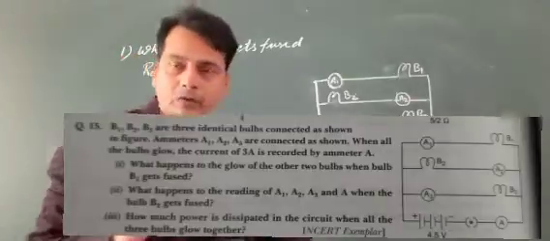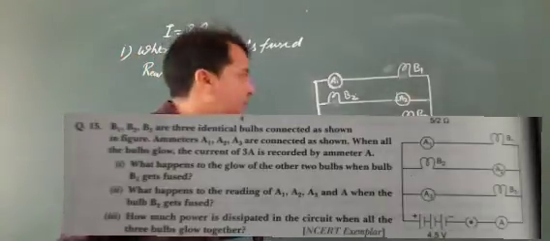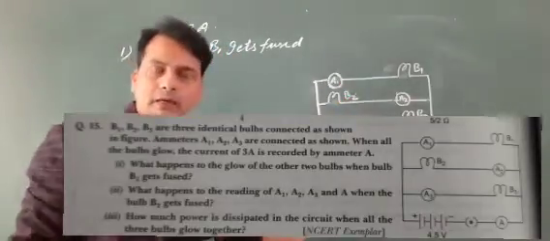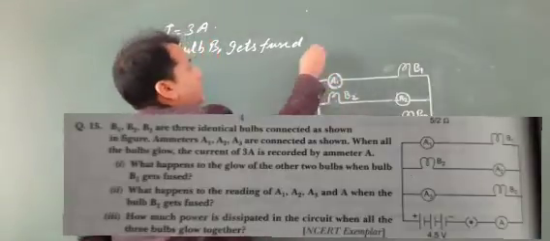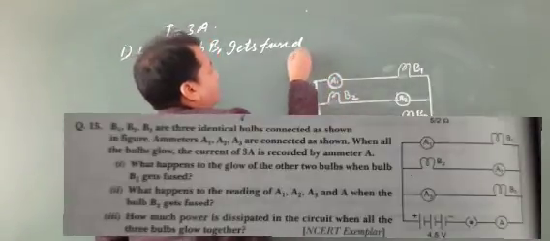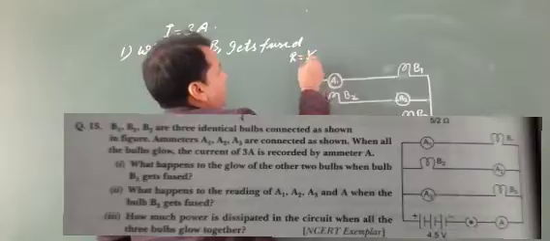So the equivalent resistance in this circuit, we know that R equals V by I.